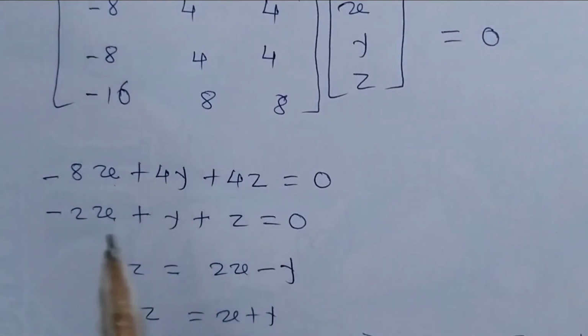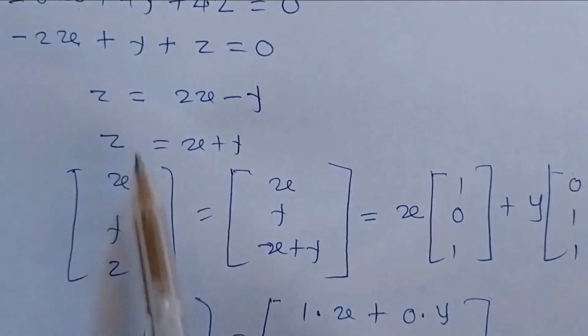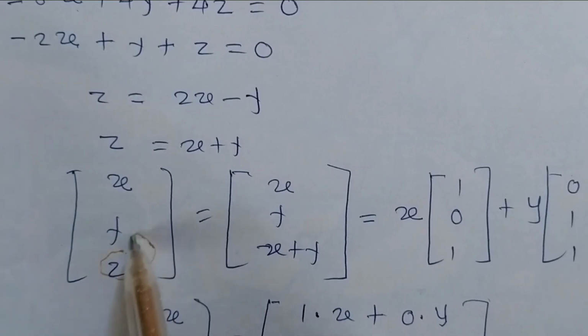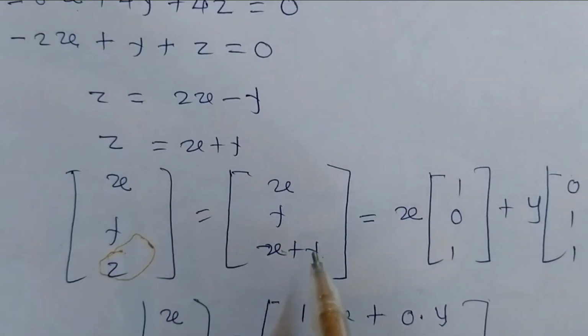From this equation we can write z is equal to 2x minus y. Here x, y, z, we take z in terms of x and y.